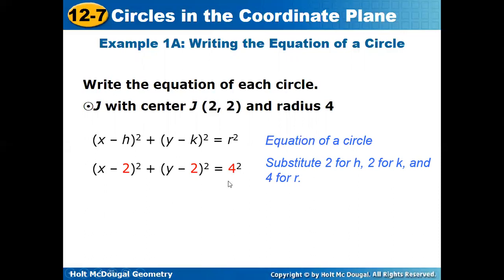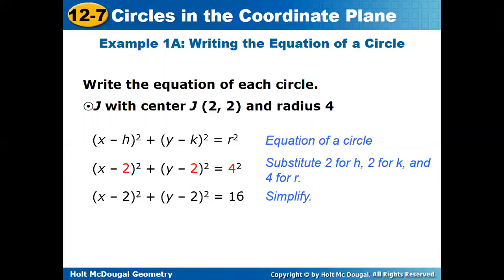Simplify this equation. The first bracket doesn't need to simplify. Also the second bracket doesn't need to simplify, but 4 power 2 equals 16. So after you simplify, the equation of the circle is (x minus 2) all power 2 plus (y minus 2) all power 2 equals 16.